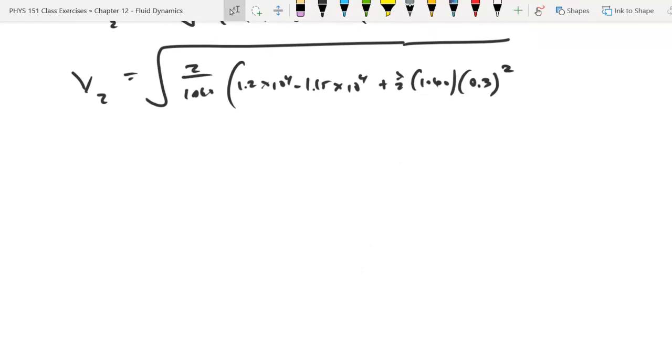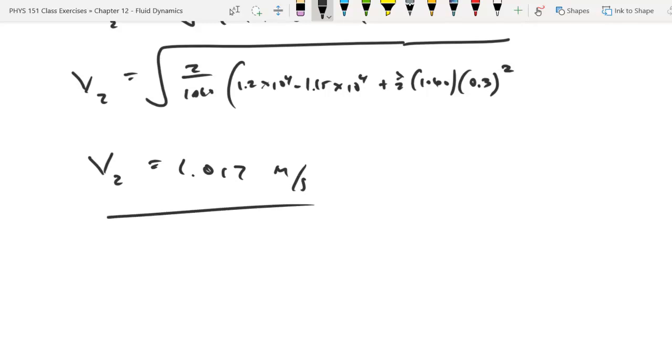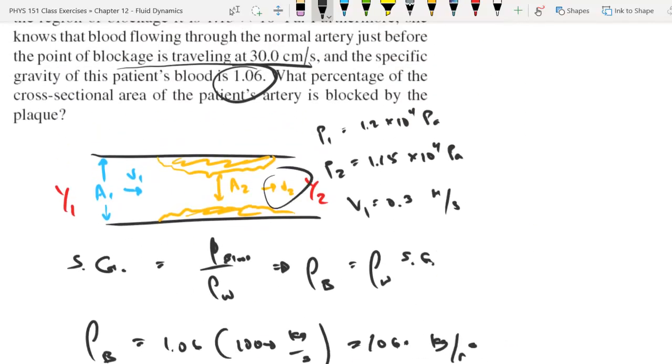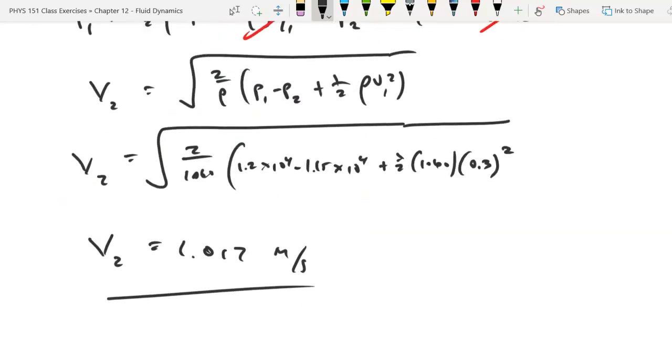And so the speed V2 is equal to 1.017 meters per second. Okay, so that's flowing quite a bit faster in the region of blockage. V2 is 1.017, V1 was only 0.3. It's going over 3 times as fast.